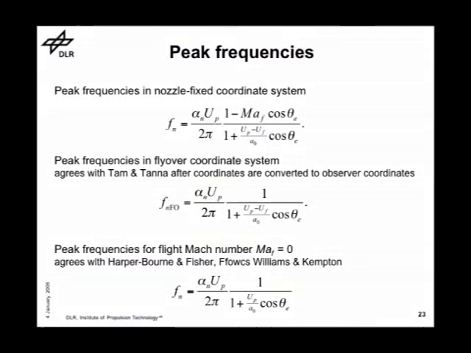So if you replace this angle by the emission angle, not the observation angle, then the frequency scaling, or this equation, is identical. And if you set UF, the flight Mach number, to 0, you arrive at the same equation that was derived by Ffowcs Williams and Kempton, and by Harper-Bourne and Fisher. So the frequencies are the same, but they are derived in a completely different way.